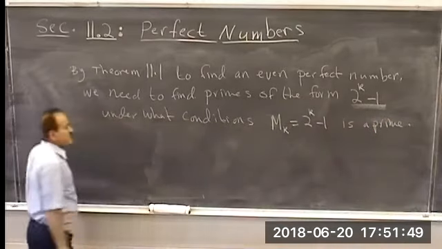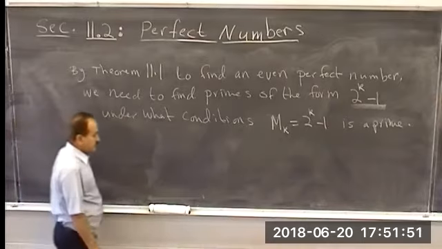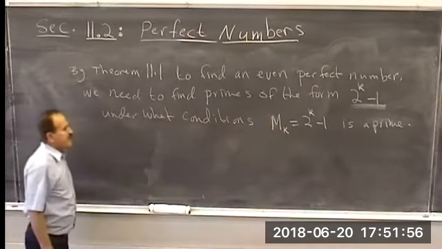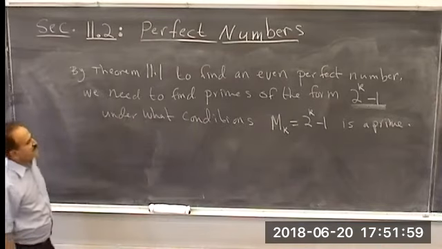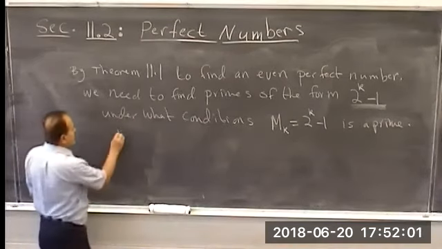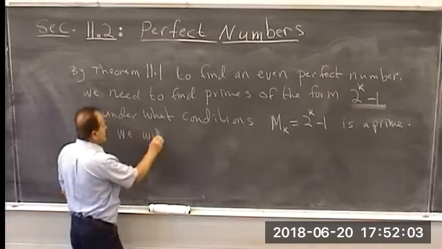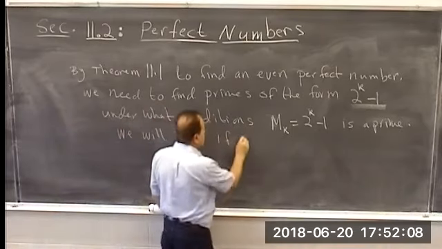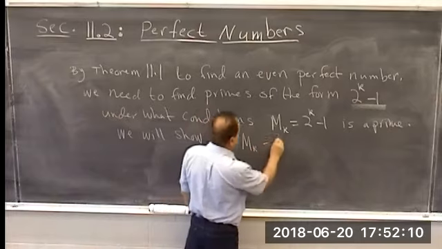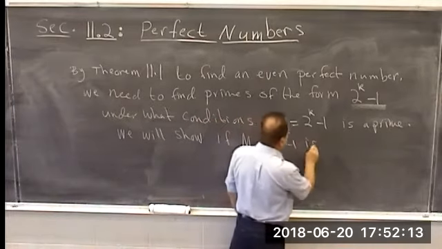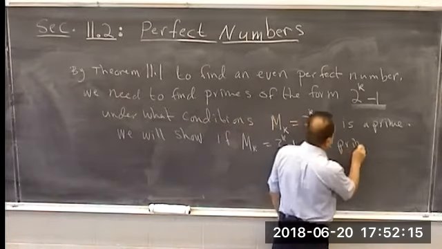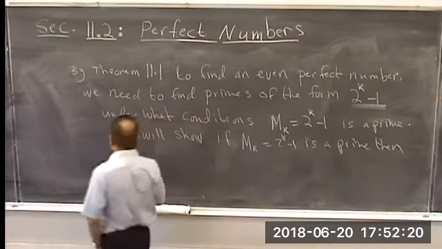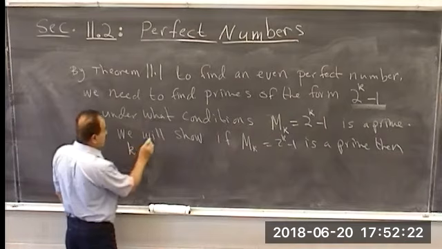We're going to show that if M sub k, which is 2 to the k minus 1, is a prime, then k must be a prime. The exponent.